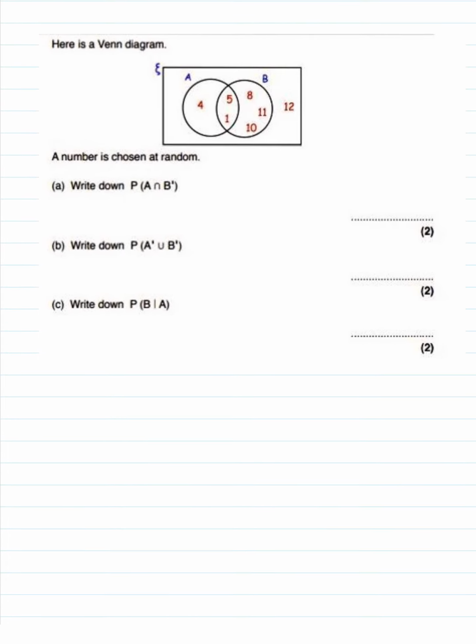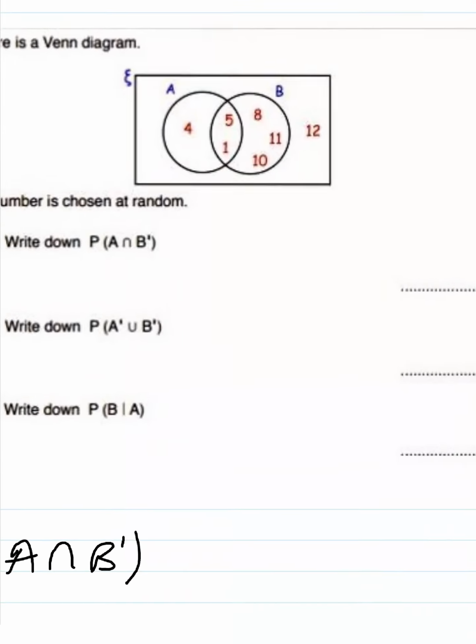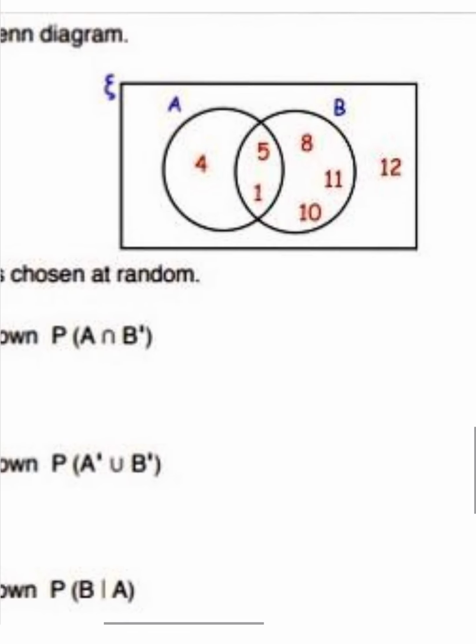We're given a Venn diagram again with sets A and B. This time we're asked what the probability of choosing A and not B. A good way of visualizing this is by shading in the diagram.